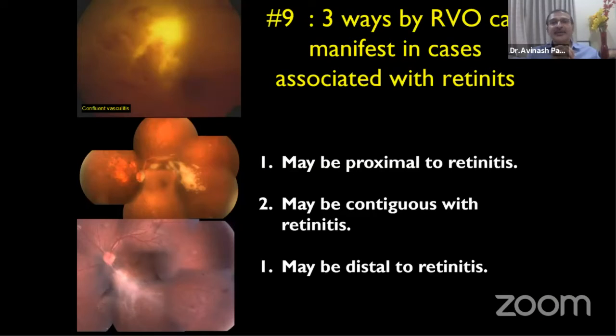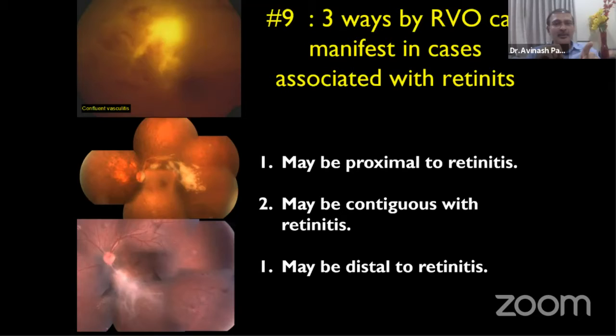Some interesting clinical findings by which these retinal vascular occlusions manifest in the presence of retinitis: if you look at the picture on the top left, the vasculitis can be totally engulfed by the retinitis.